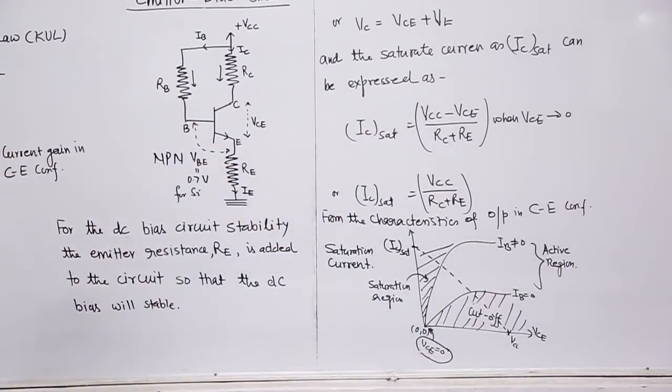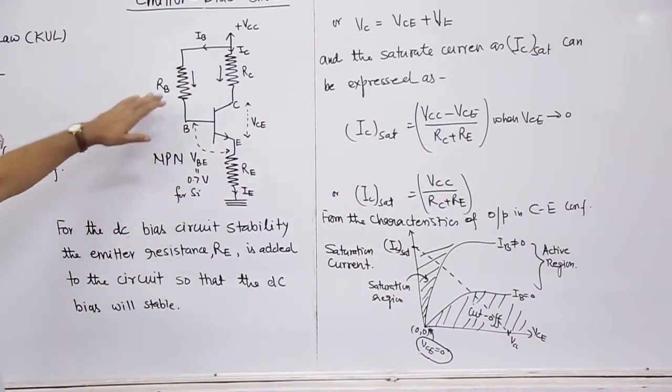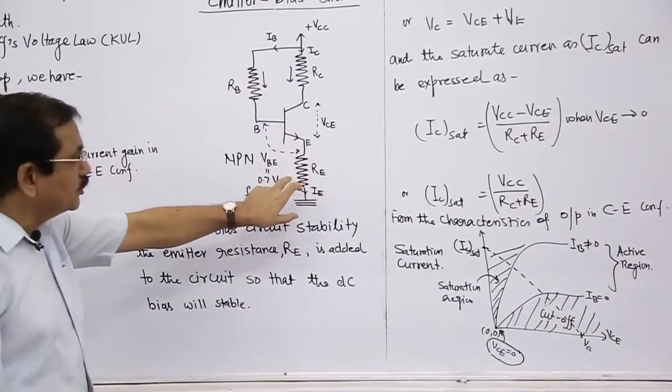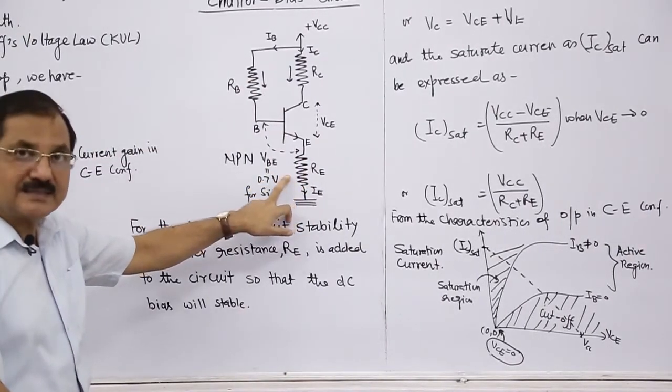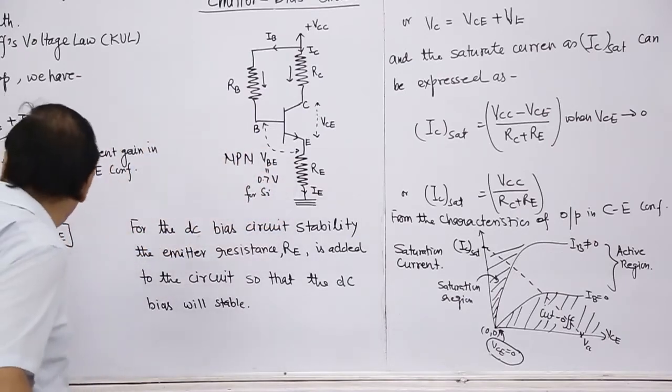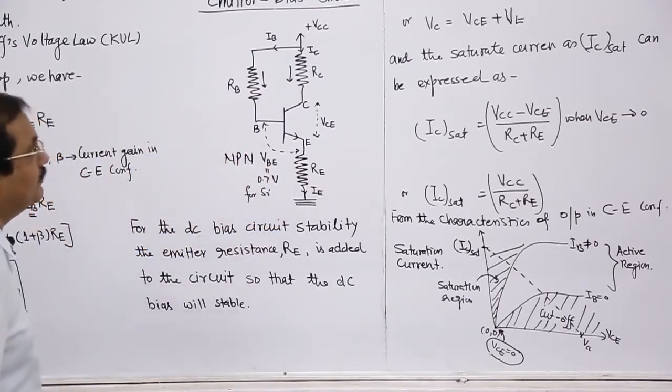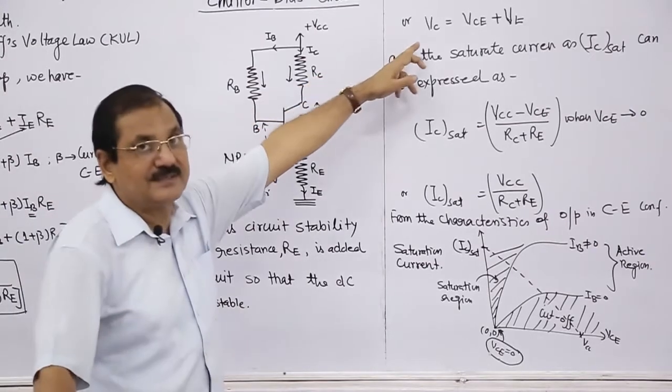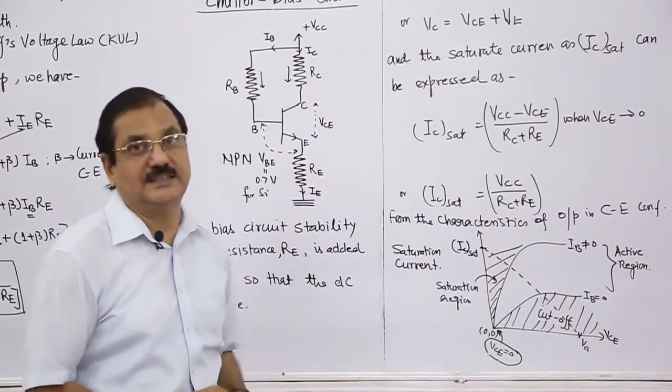From the inclusion of this emitter resistance, we have controlled the base current, as well as we have controlled the collector current.